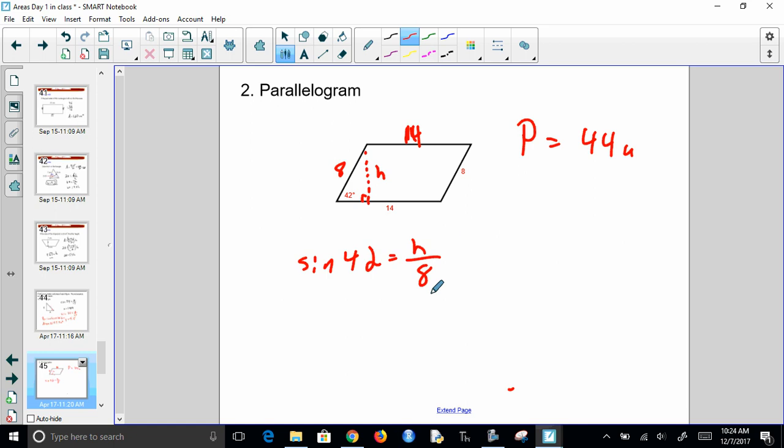The height is now 5.353. So now if I want to find my area, I just take 14 times that answer. And the area is somewhere close to 74.9 units squared.